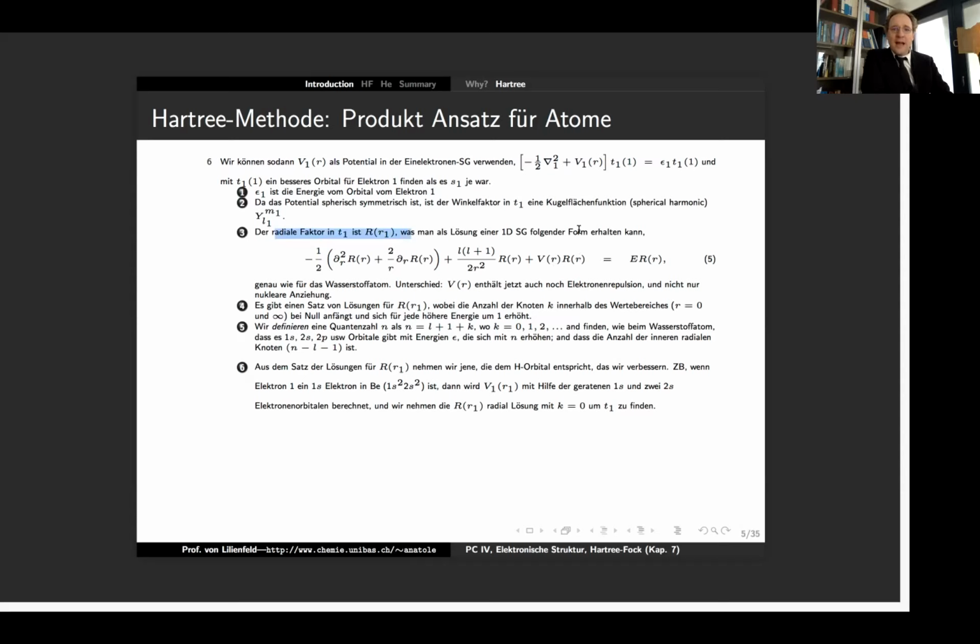And you can then write the Schrodinger equation, as in equation 5 here. And this is very similar to the hydrogenic atom, really.